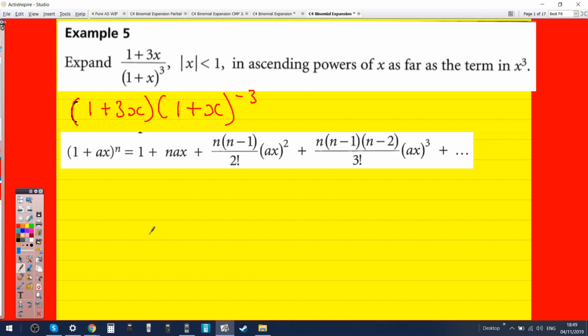So you go ahead with n equals -3, and ax is equal to just x.